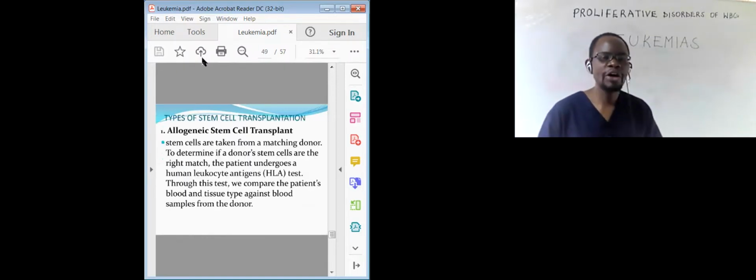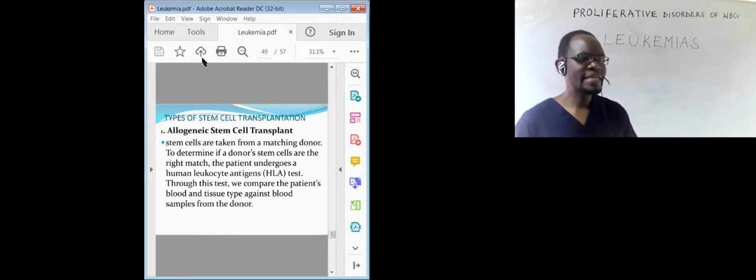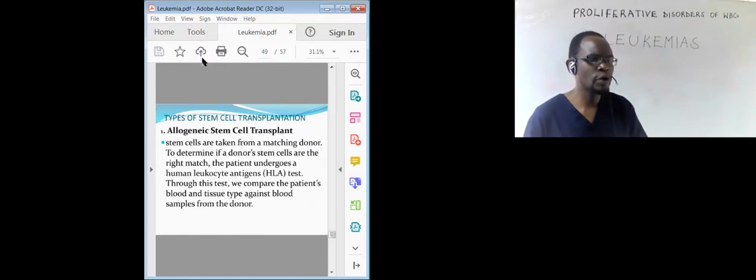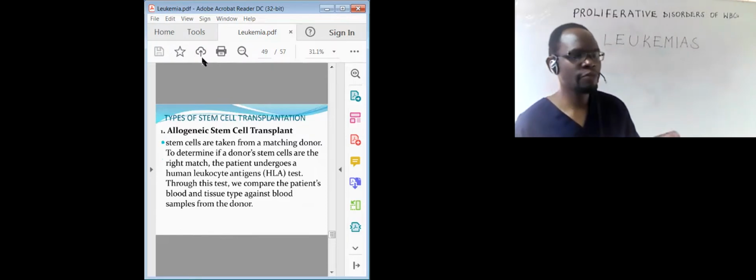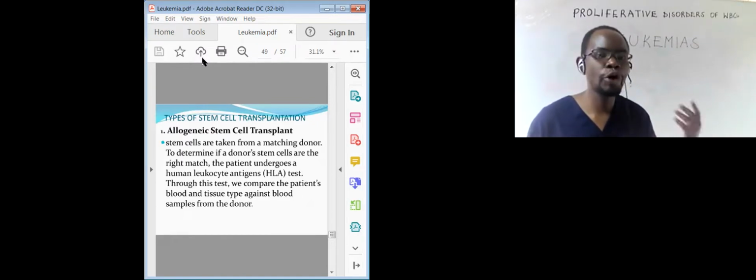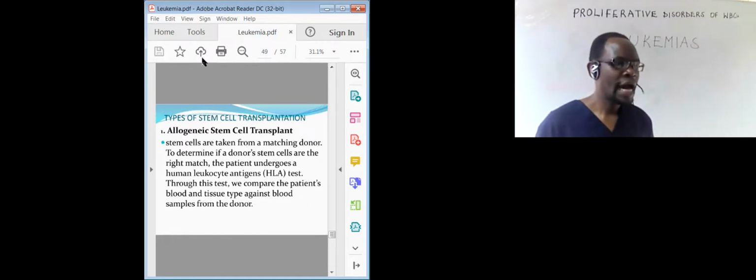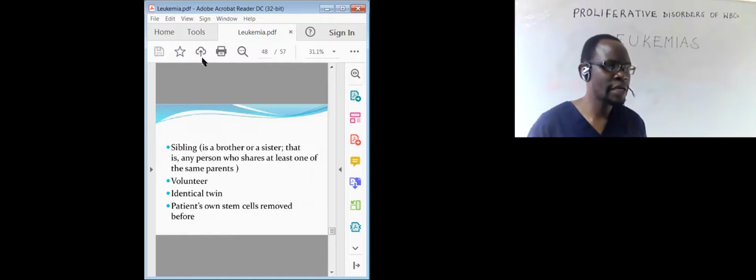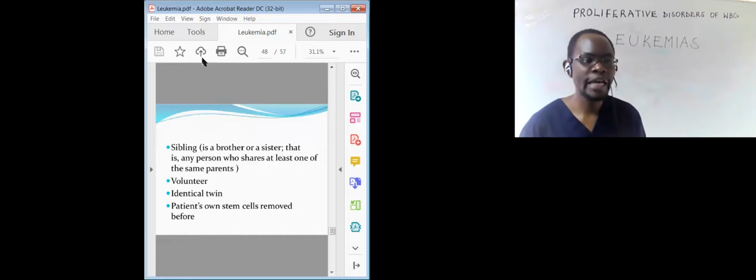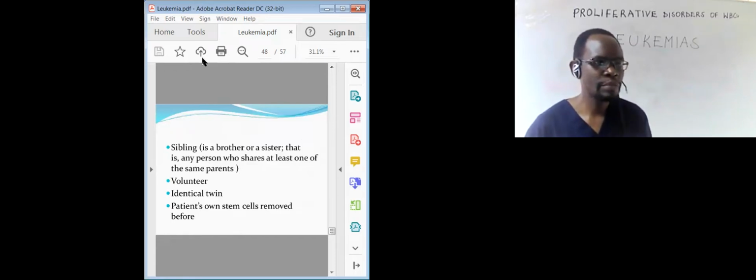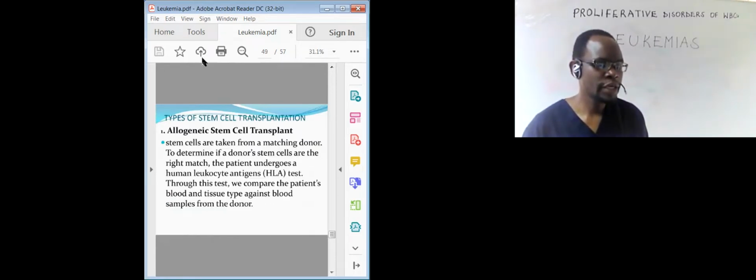With allogeneic, they basically want the matched human leukocyte antigen from a suitable donor, and that can be a sibling or a volunteer.